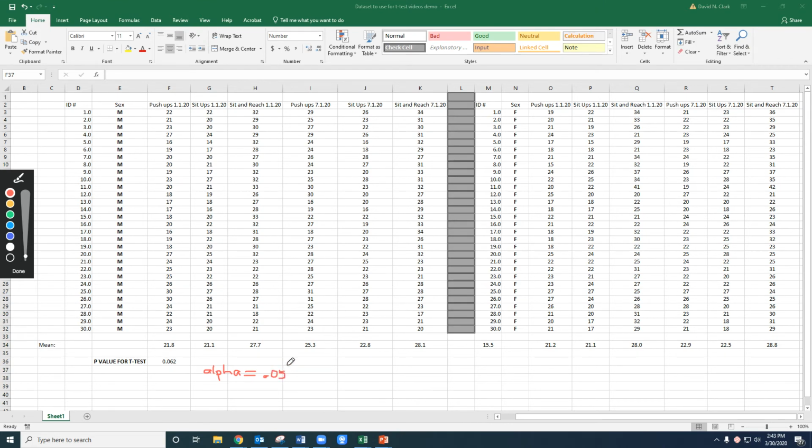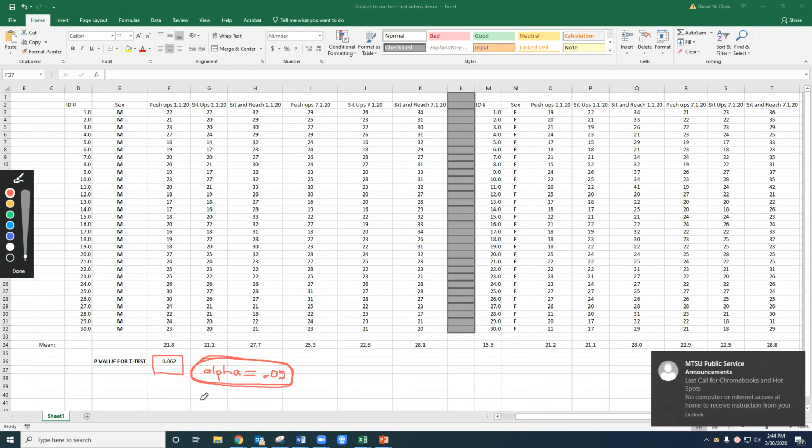Remember, we talked about that, that the p-value needs to be below the alpha level for it to be statistically significant. So while these two groups are different, they're not statistically significantly different because this probability right here is greater than our alpha of 0.05.